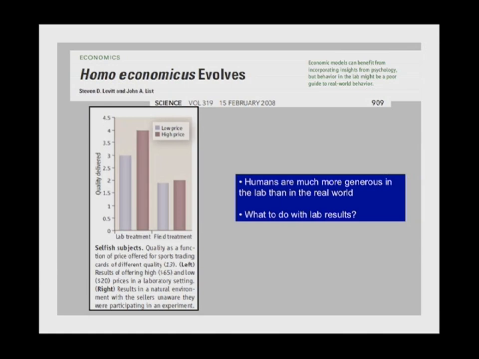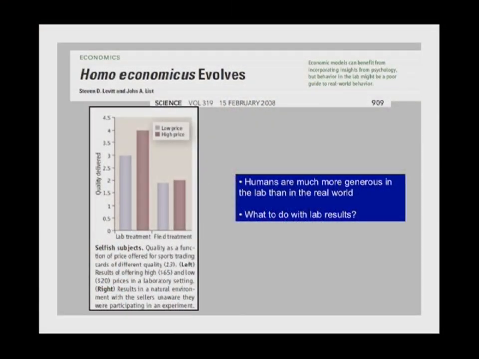Because whenever I go in the street, even in San Diego, asking for money for very charitable and interesting causes, I will never get 40% of the money people have in their pockets from everybody. Economists have the big advantage over other disciplines that they know how humans behave. So they could realize that when you put a human in the lab, he is much more generous than he is in real life.